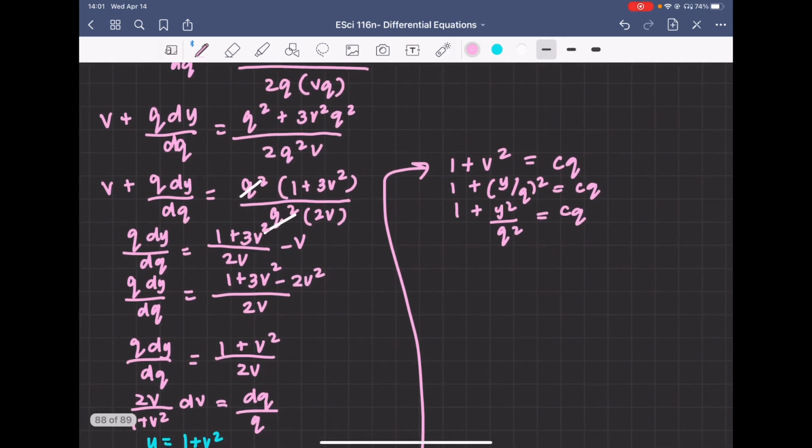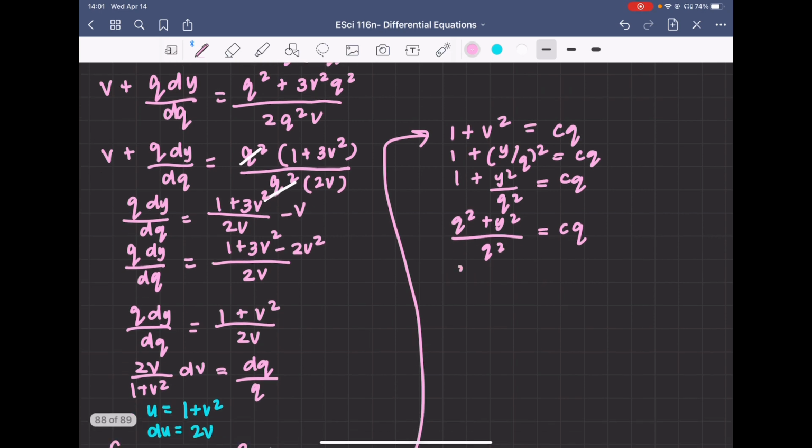Now this can be written as q squared plus y squared all over q squared equals cq. Now dividing both sides by q so that we will have only c on the right side, that's q squared plus y squared over q to the power of 3 equals c.